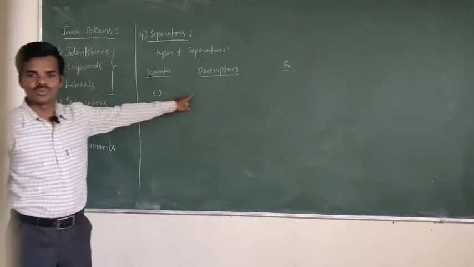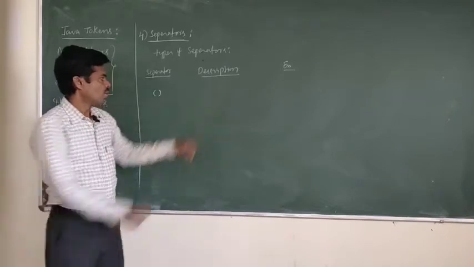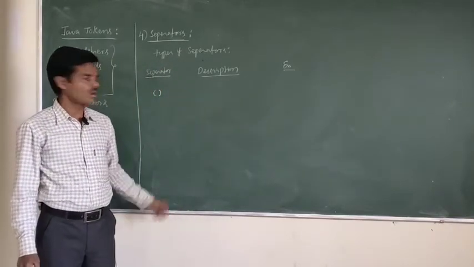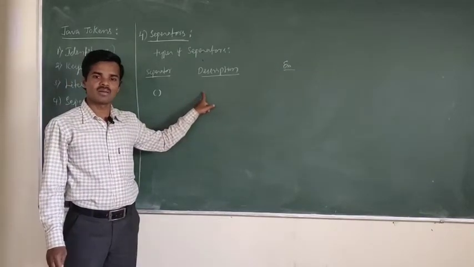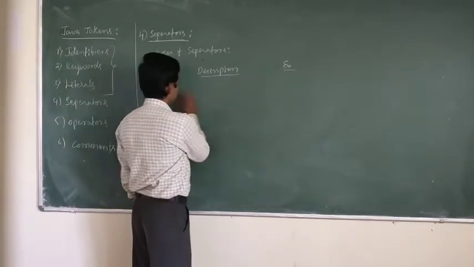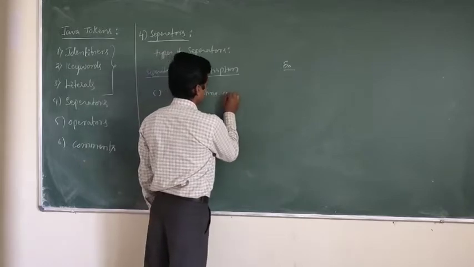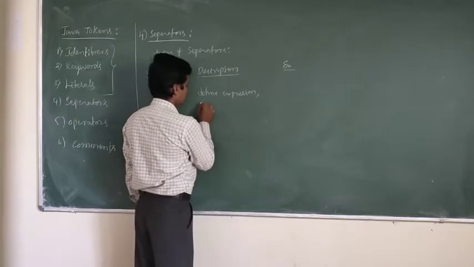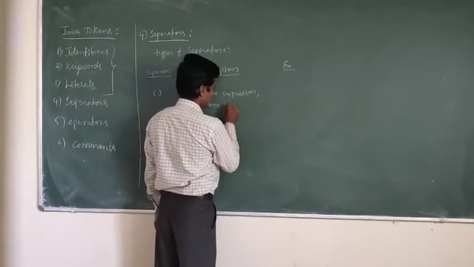We use parenthesis to define any expression, any mathematical expression, or to define a function declaration or method declaration, or a method being called. So this can be used to define an expression, and to define a function declaration or method declaration.